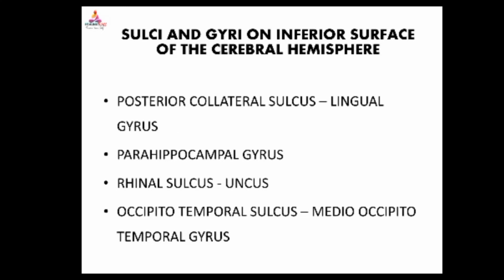Then next is the posterior collateral sulcus. Then parahippocampal gyrus, rhinal sulcus and uncus, occipito-temporal sulcus, medial occipito-temporal gyrus.